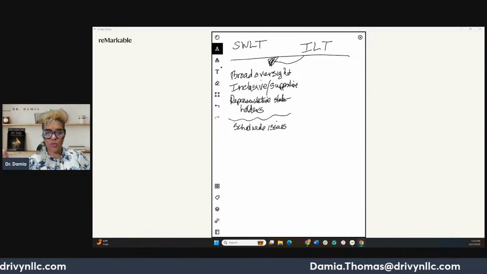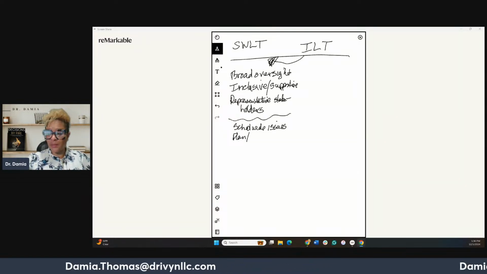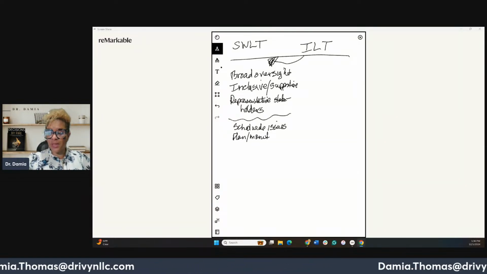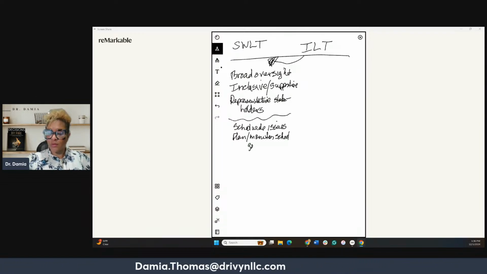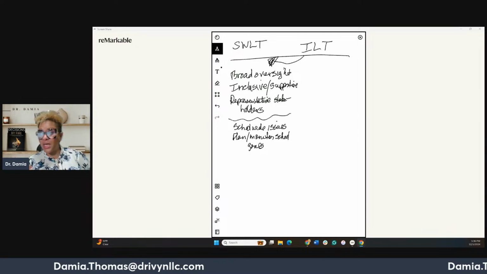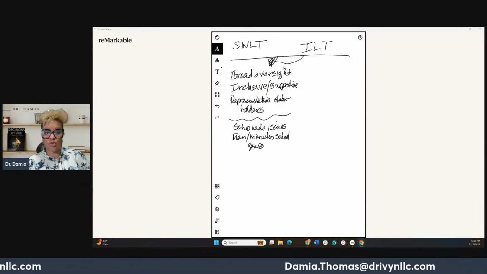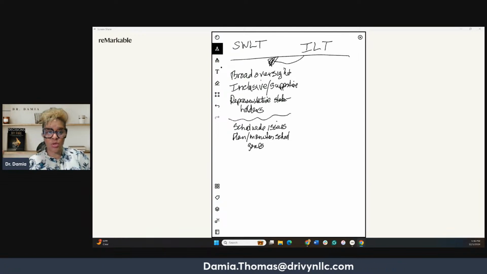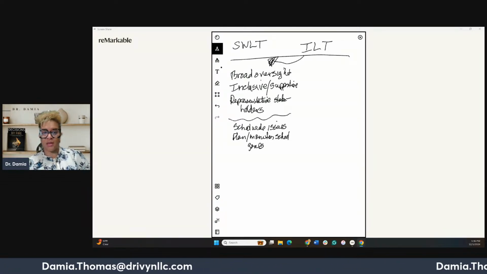Another responsibility would be to plan and monitor the strategic plan that's already been created, towards the school's goals. How are we with meeting the instructional goals that we set for ourselves as a school? How are we with community engagement? Is it increasing? What does our wellness program look like?